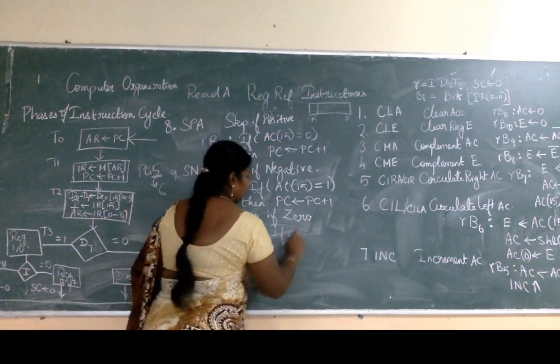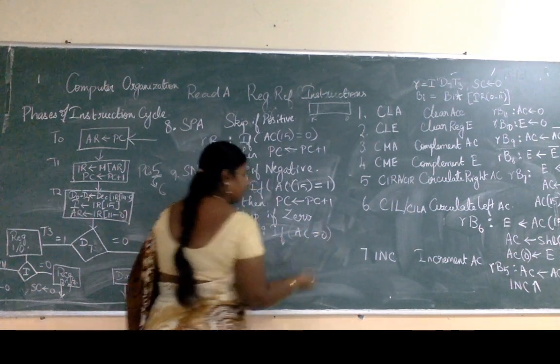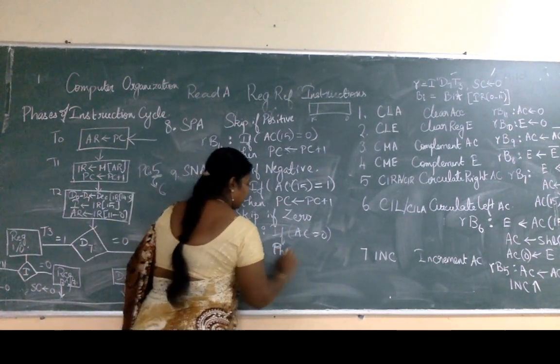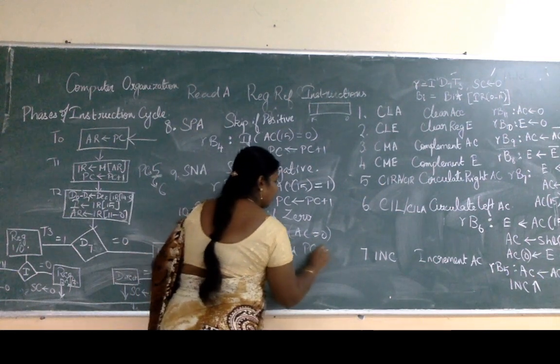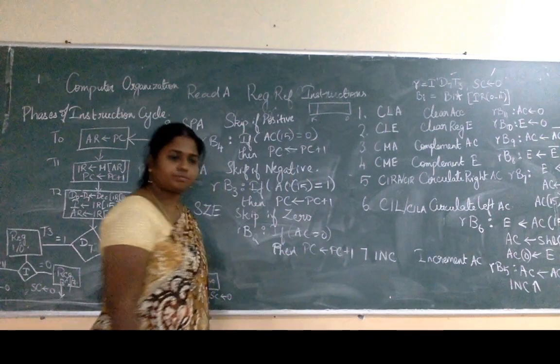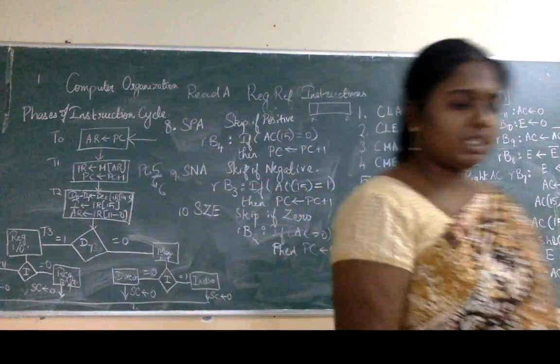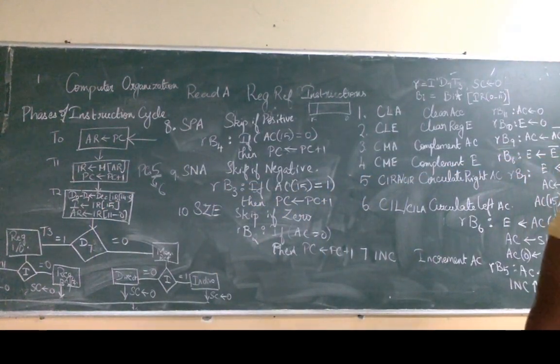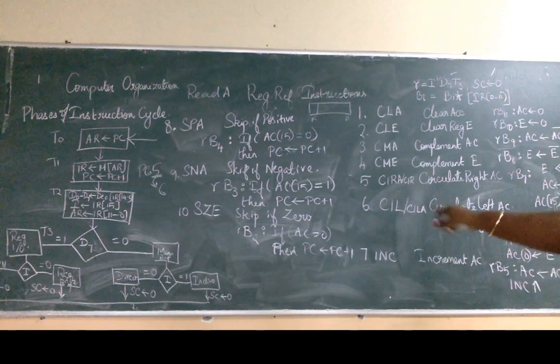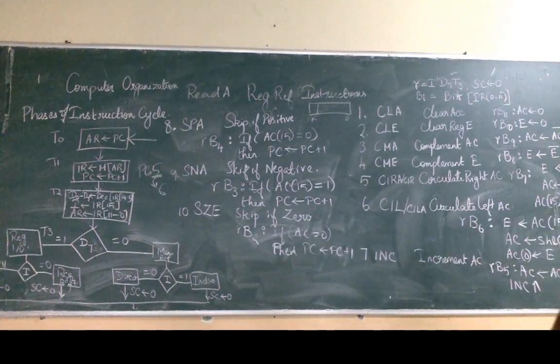If the accumulator is 0, the entire content of the accumulator is 0, then I should skip, so I should increment the value of PC by 1. Are we clear till here? So this is called the skip if 0 instruction.